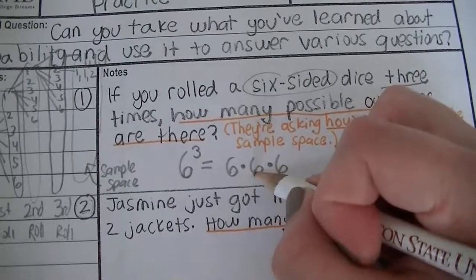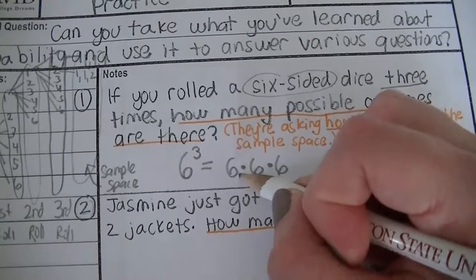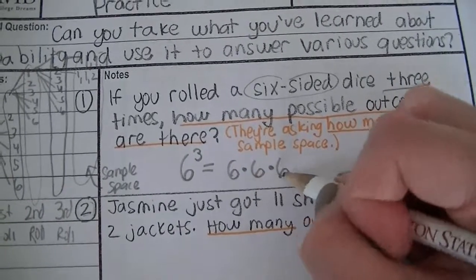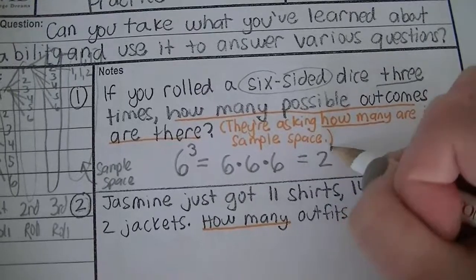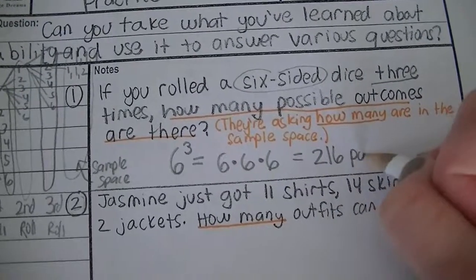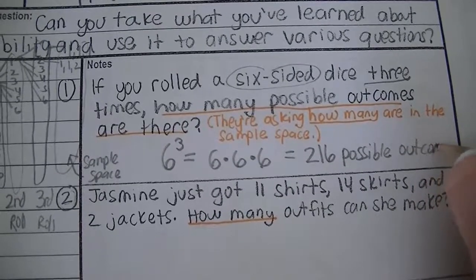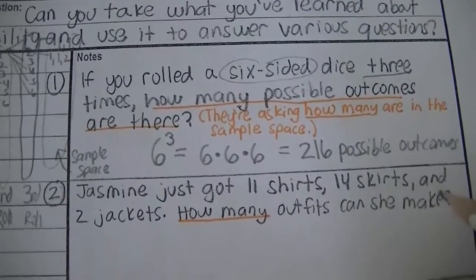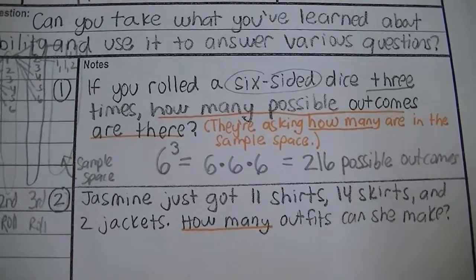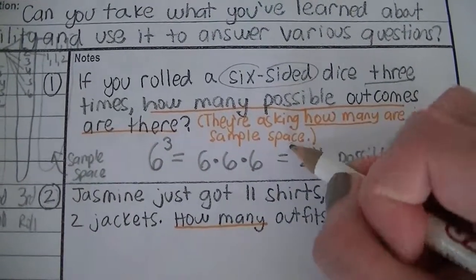Well, 6 times 6 is 36, and then 36 times 6 gives you 216 possible outcomes. That's how many there are. Or you could say the sample space has 216 possible outcomes.